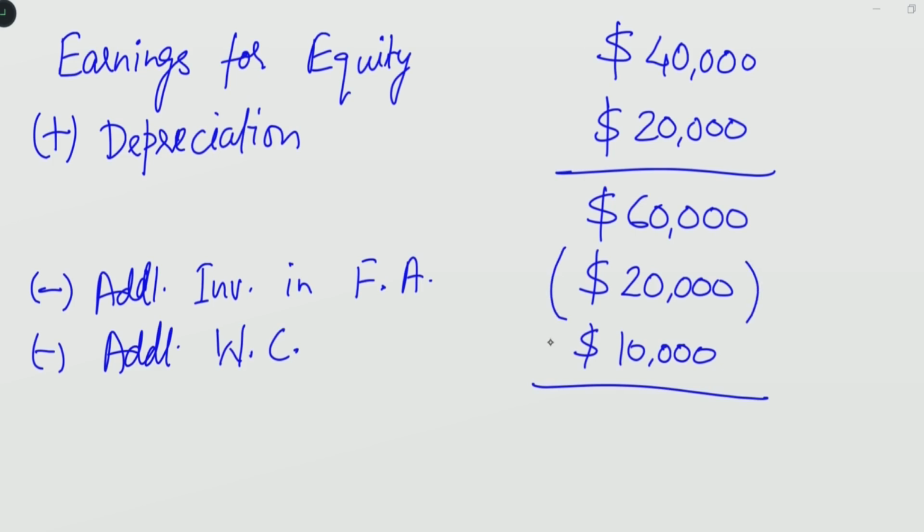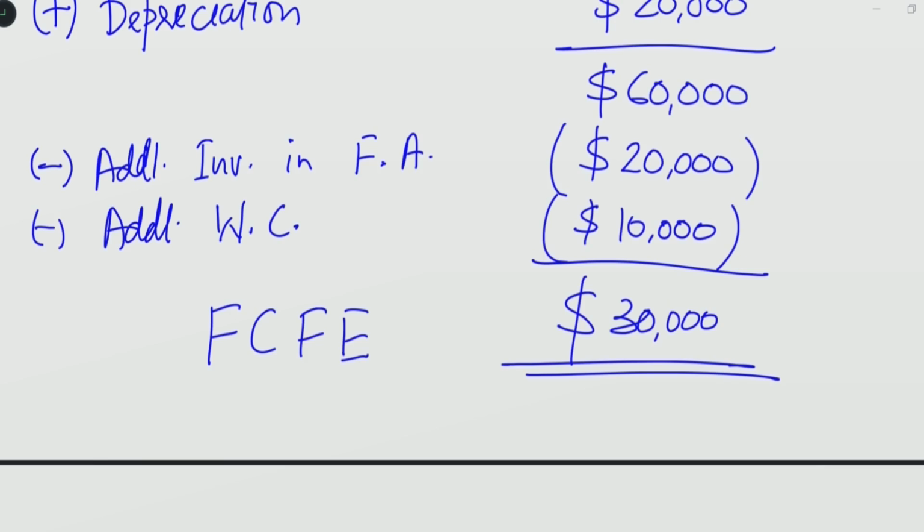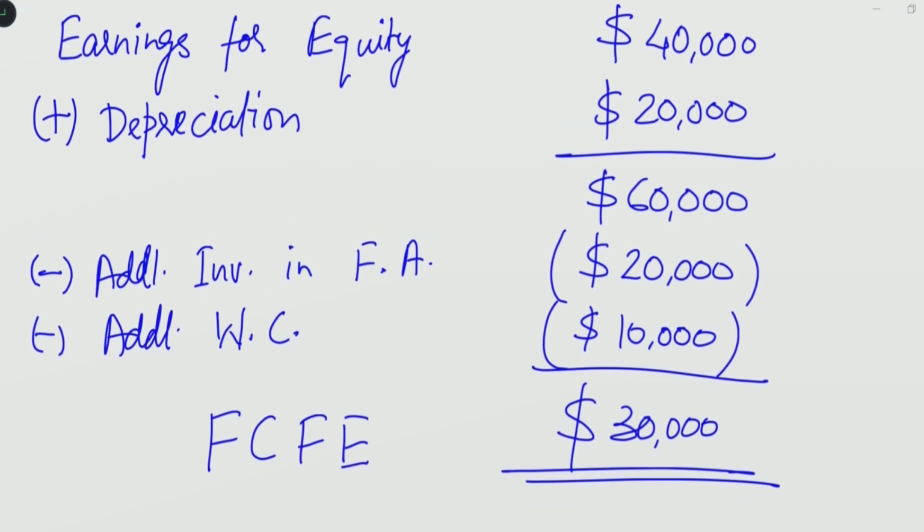Subtracting both of these, what you now get is FCFE, that is free cash flow to equity, which will be $30,000 only. So quickly take note of this and then I take you ahead.